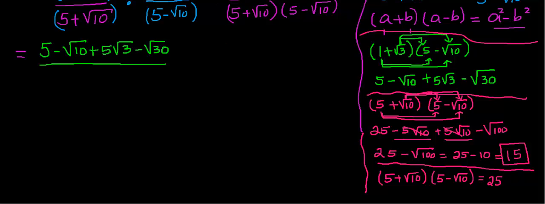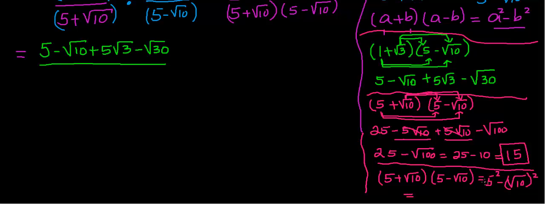Let me write the whole thing out. That would be this first number squared, which is 5 squared, minus this number squared, which is square root of 10 squared.